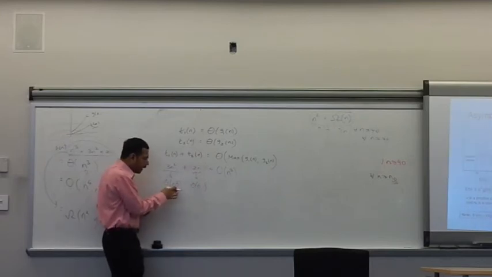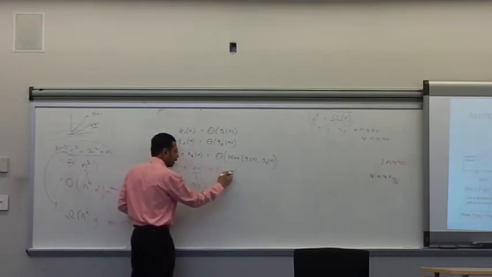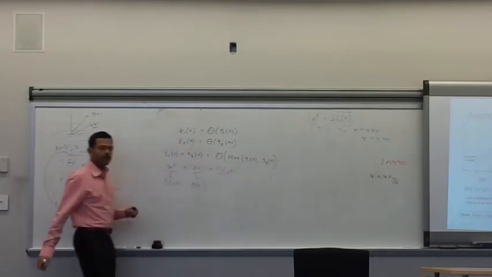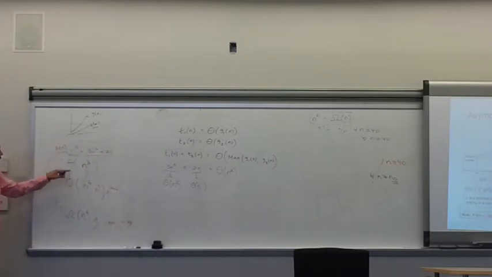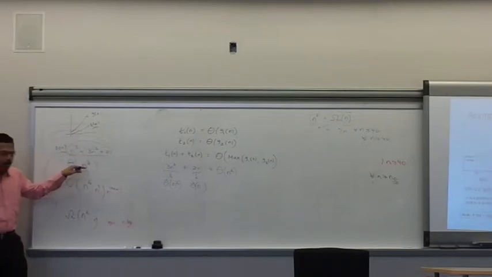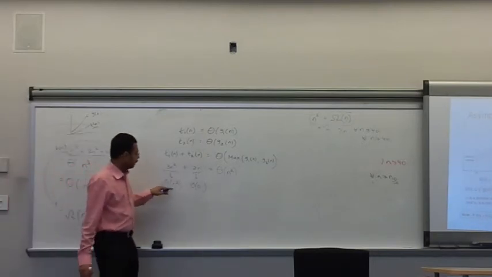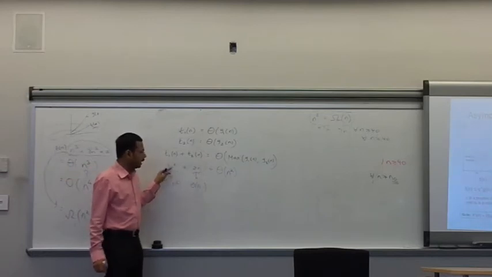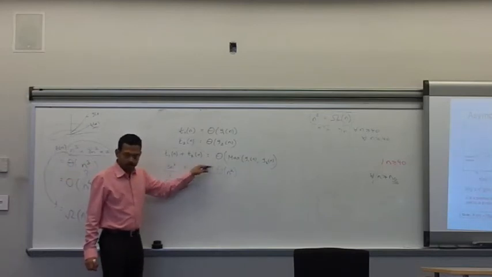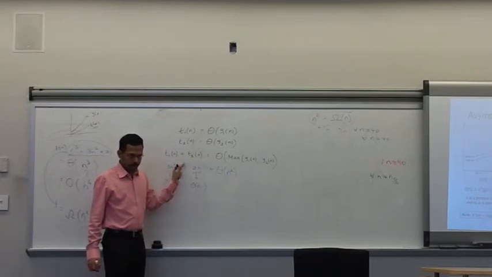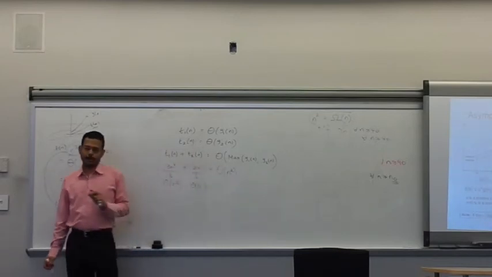So theta of n square plus theta of n, the more dominating term is n square, so this is theta of n square. That's what we did here, right? When I wrote the theta notation, the most dominating term is n cubed, so I said theta of n cubed. Likewise, for theta of 3n square plus 2n, the most dominating term is the n square term, so it is equal to theta of n square.